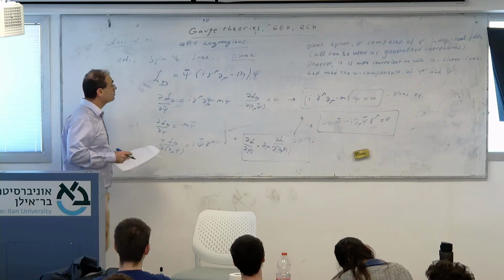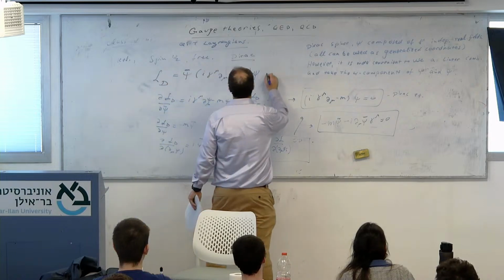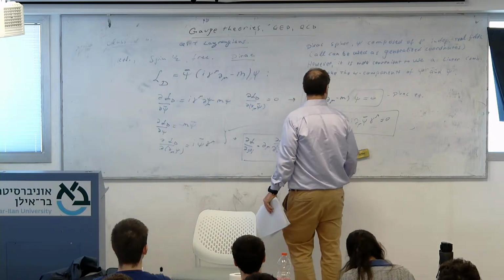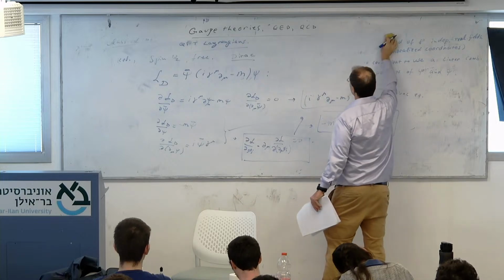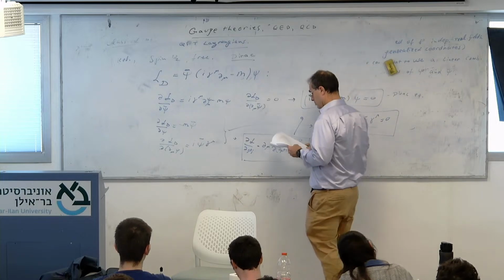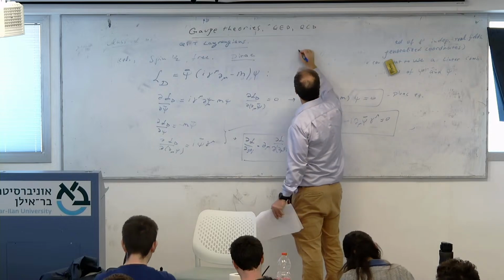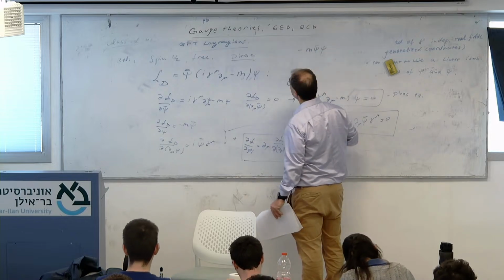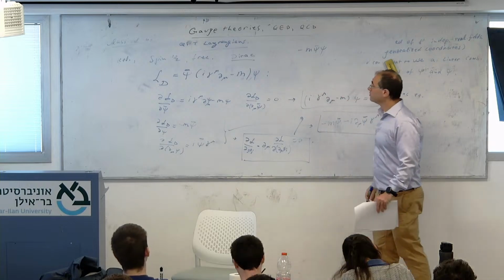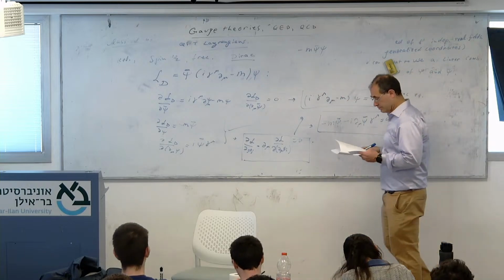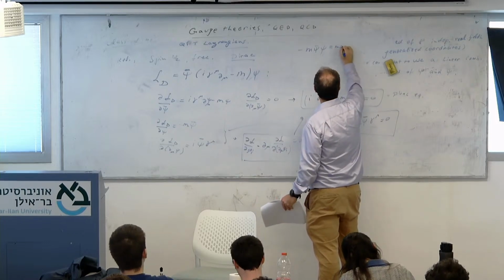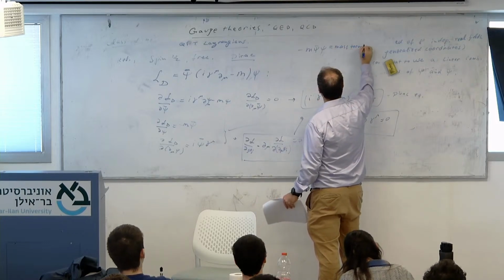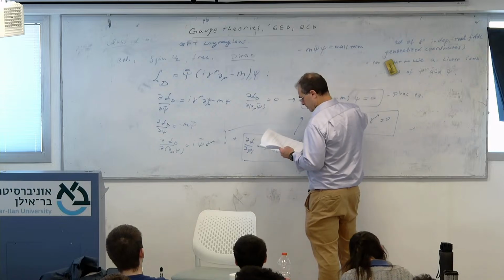So again, we have two terms here. We have the term minus m psi bar psi. That is what? Mass. This is the mass term. Right? Normally with the minus.